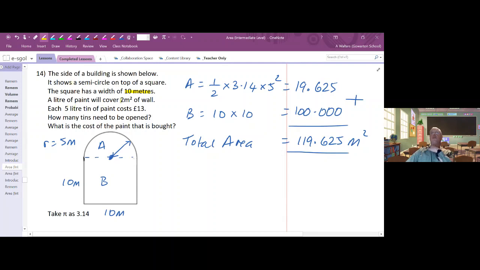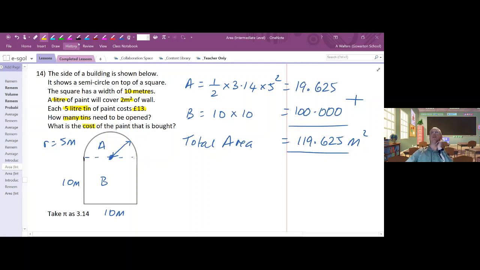A litre of paint will cover 2 meters squared of the wall. So if I'm Peter the painter, 2 meters squared of wall. It's got a 5 litre tin of paint, and it costs £13 for each 5 litre tin of paint. So they're asking how many tins are needed, and then what's the cost. Okay, so pause it and read it again if you wish.